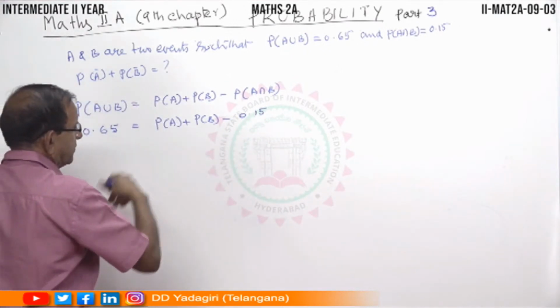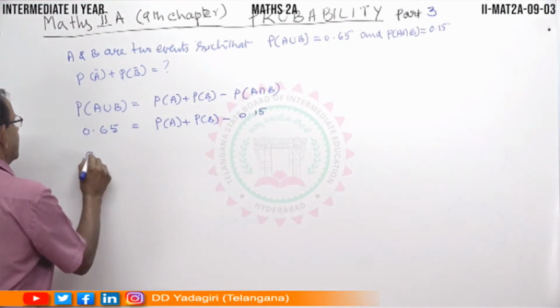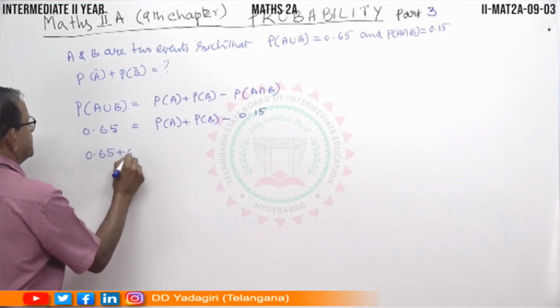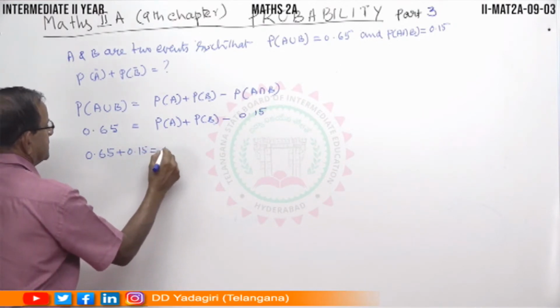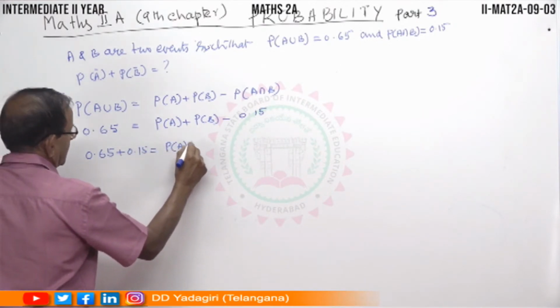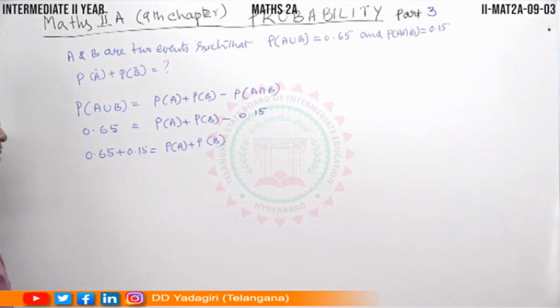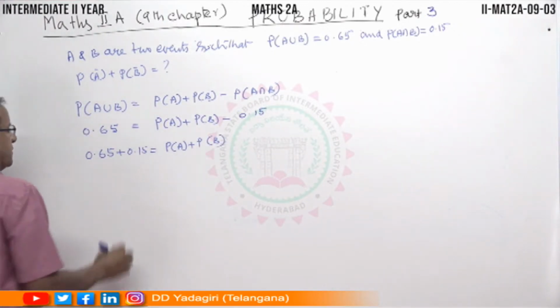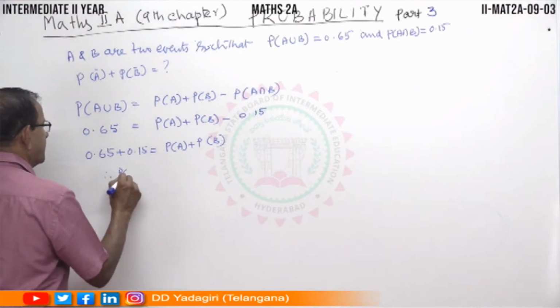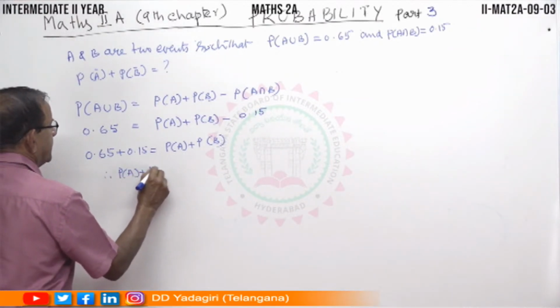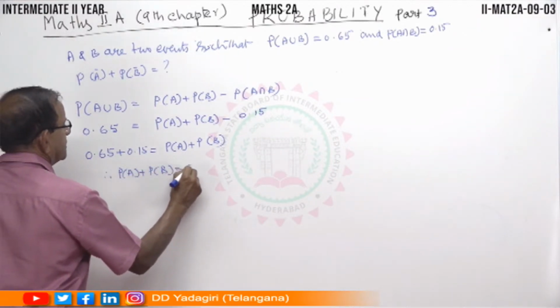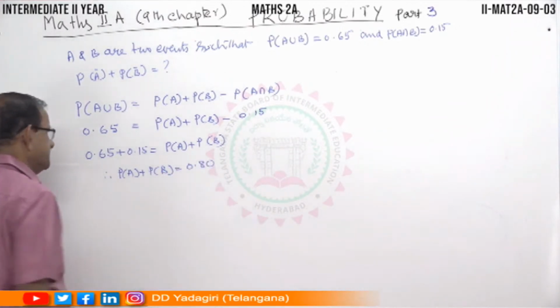So bring that 0.15 to the left side. 0.65 plus 0.15 is equal to P of A plus P of B. The sum of these two is 0.80. Therefore, P of A plus P of B is equal to 0.80.